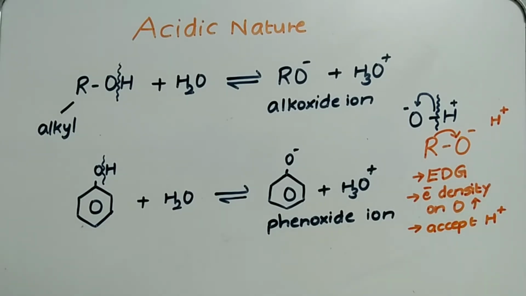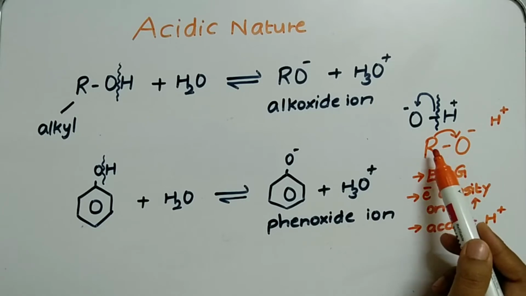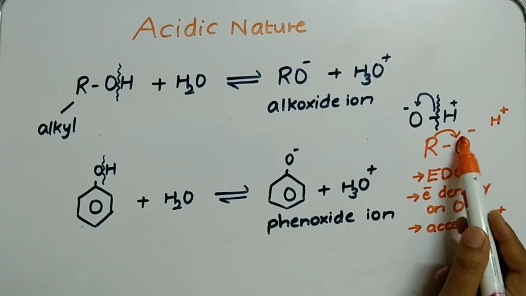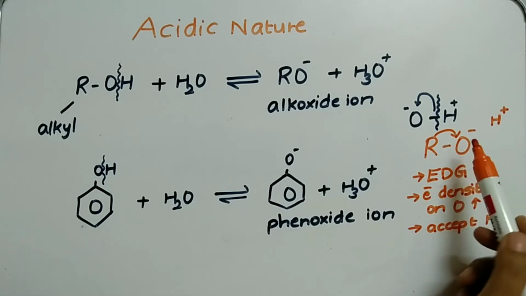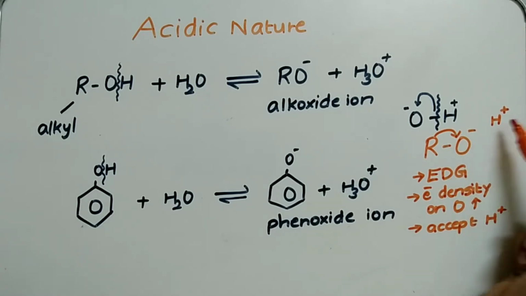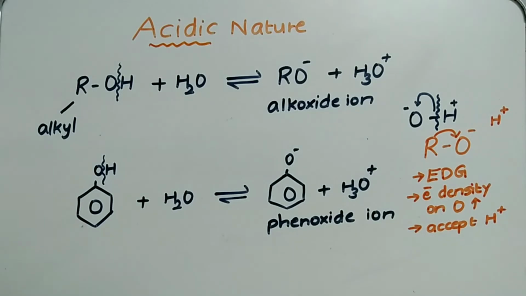H plus ion is also called a proton. So electrons are donated by this R group and taken up by oxygen, so the electron density increases. If electrons are available, it can accept a proton, negative and positive attraction. Now what do you mean by the word acidic?